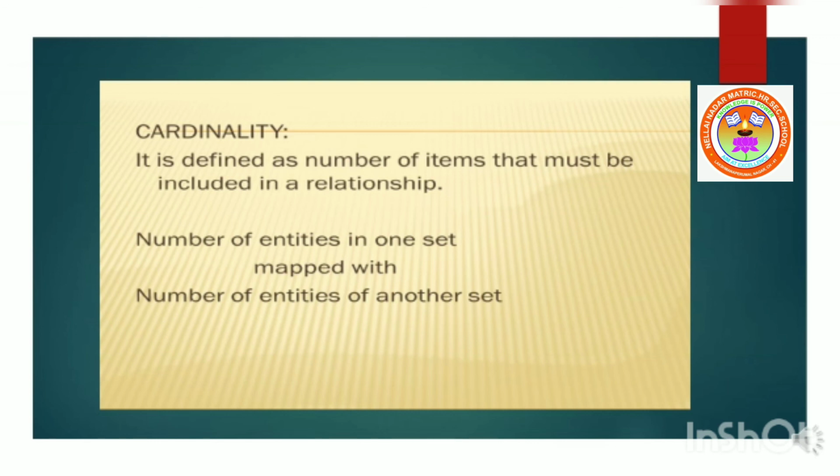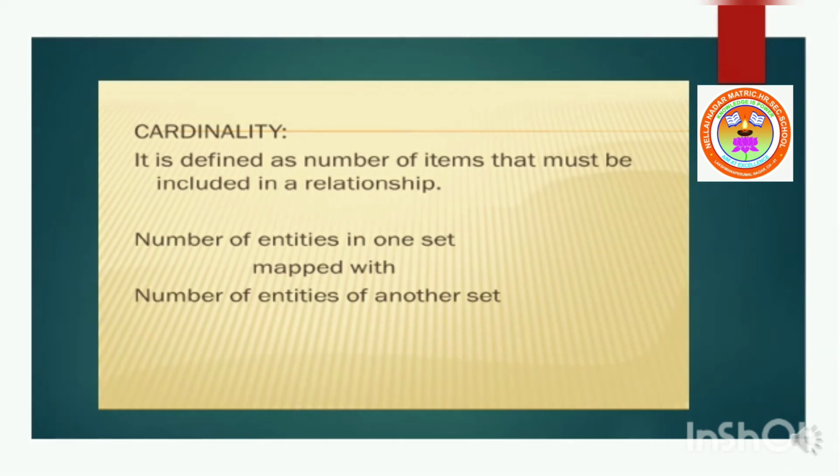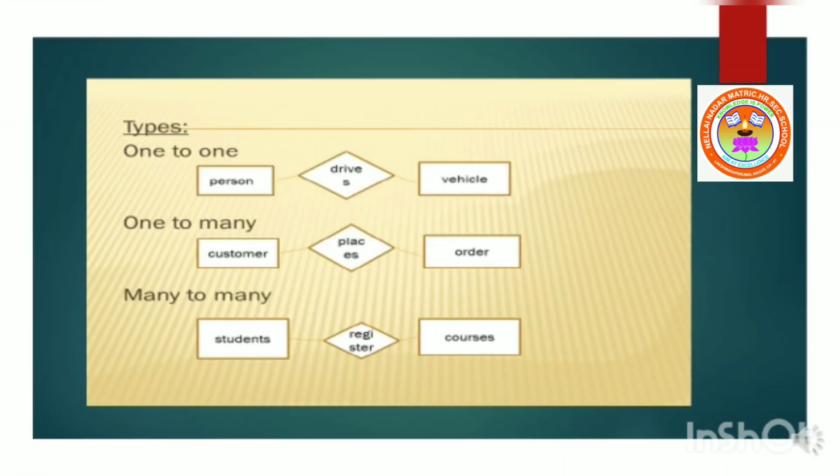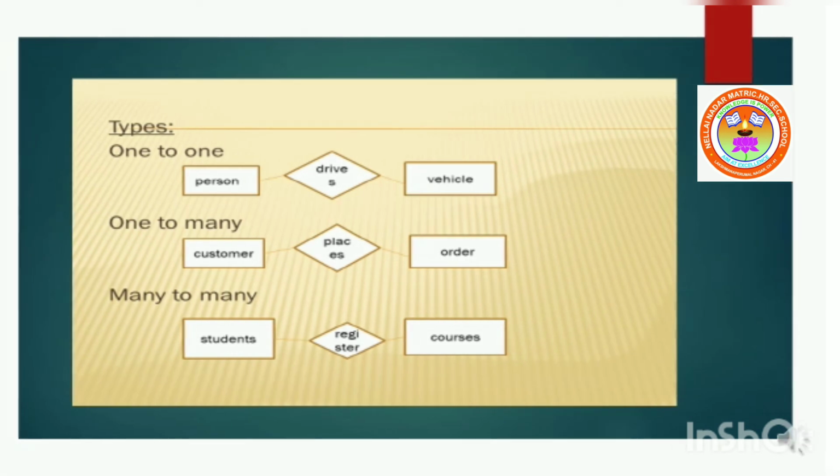There are three classifications in cardinality: one to one, one to many, many to many. Same thing. One person drives one vehicle, one to one. One customer places many orders. Many students register for many courses. Same thing, but here the number of items is what is included in cardinality.